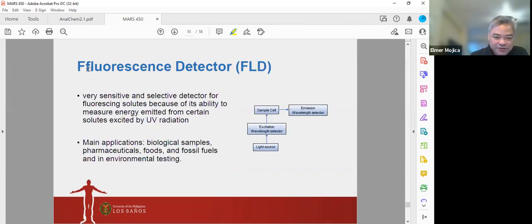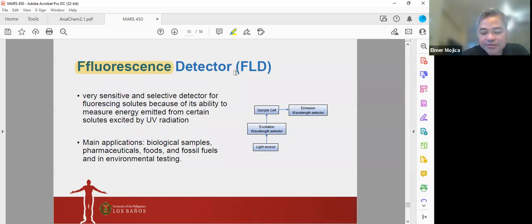One thing that we can also look at is the fluorescence detector. It's more sensitive than the UV-Vis, but unfortunately, this can only be applied if your sample is fluorescent. I used an LC that we have there in the Philippines, a Shimadzu.